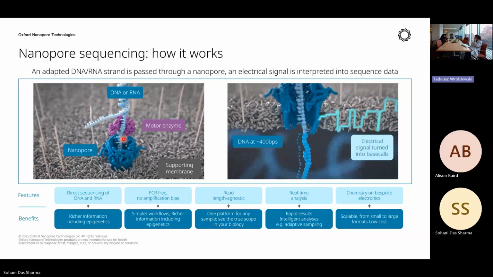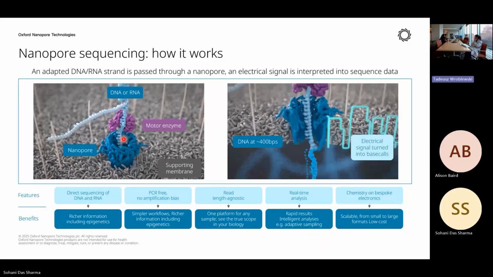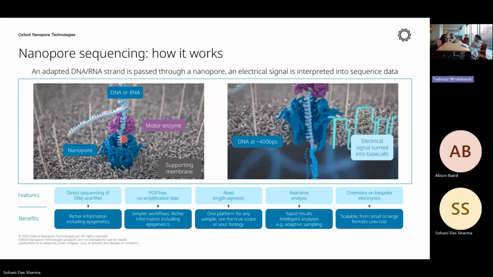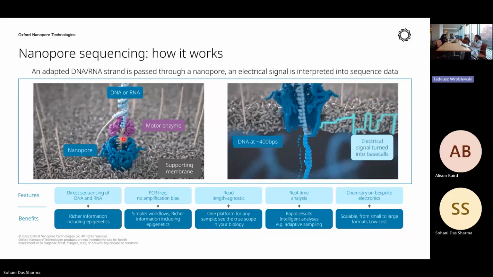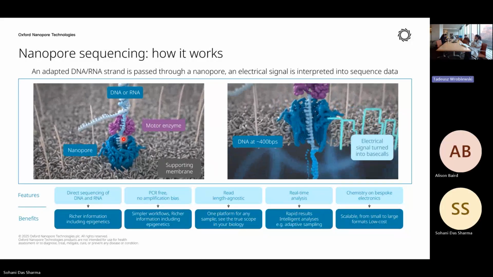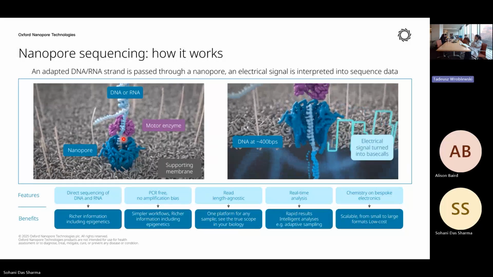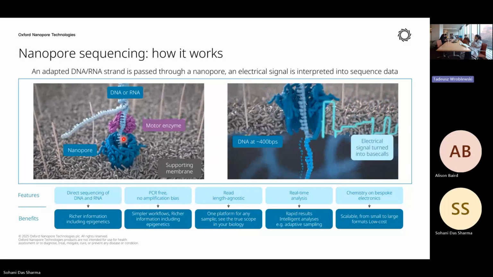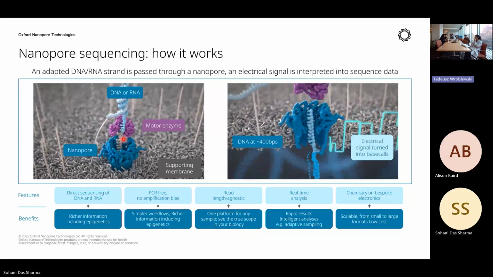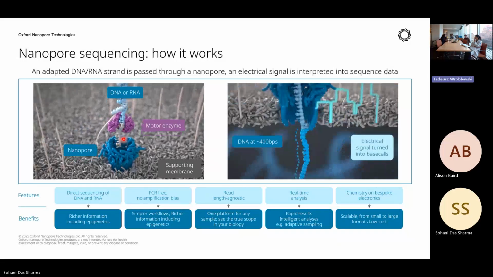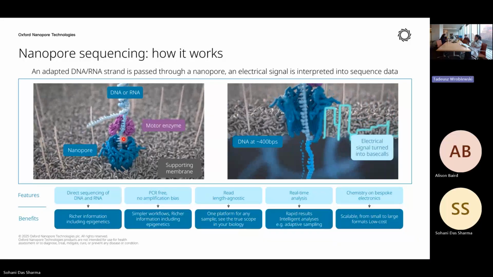So you can do it two ways. If you want to do direct RNA, which means you don't need to have cDNA, you are sequencing the RNA directly. But there is also the possibility that you can do reverse transcription and then read the cDNA. For that, it is a DNA platform, because it is no more RNA.